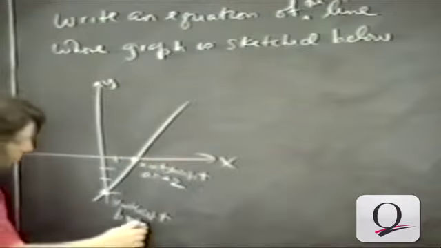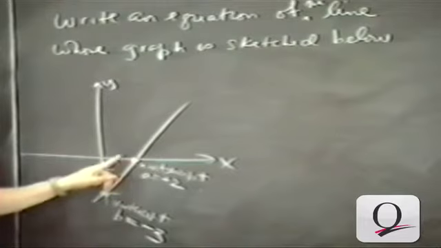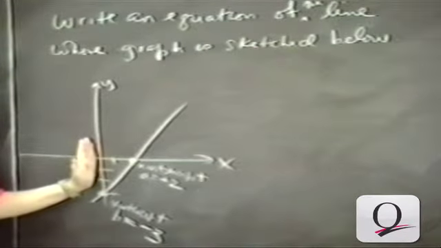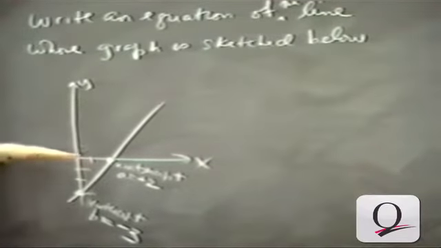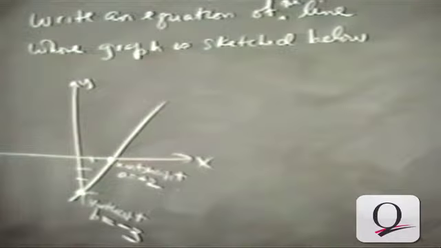Even if they don't give you the numbers, to the right of the y-axis the x values are positive, and to the left they're negative. Above the x-axis the y values are positive, and below they're negative. So the x-intercept, A, is plus 2, and the y-intercept, B, is minus 3.